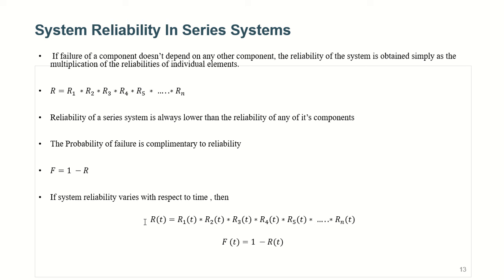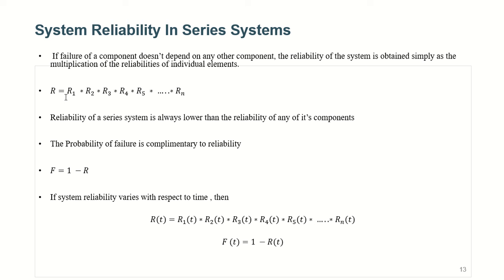Pretty much the same way we gave the formula of reliability when we assumed it is not dependent on time, this time we are considering it is dependent on time. It is changing with respect to time, so we just take the time instant at which we want to calculate the reliability of my system.